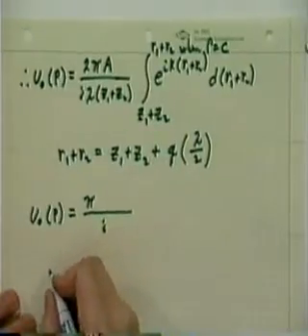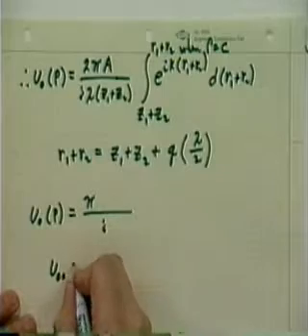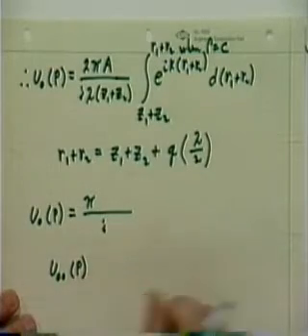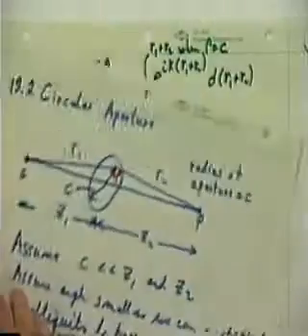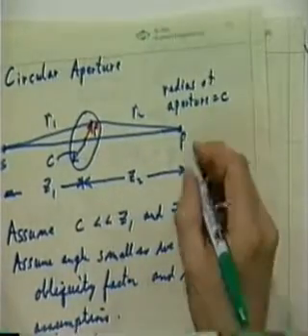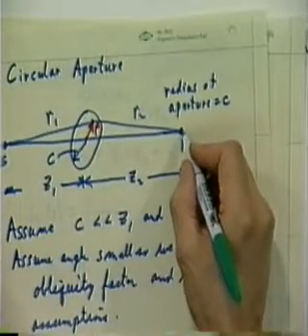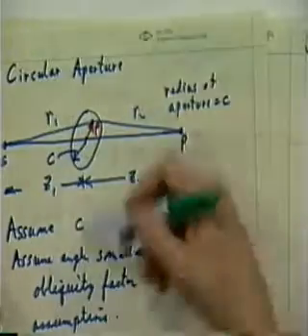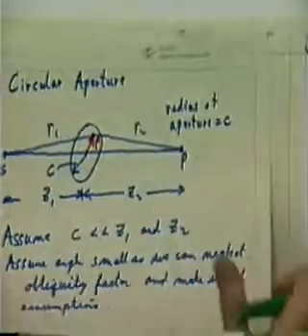I could say that u double zero of p, which is the amplitude I would have at this point if this aperture were an infinite size.